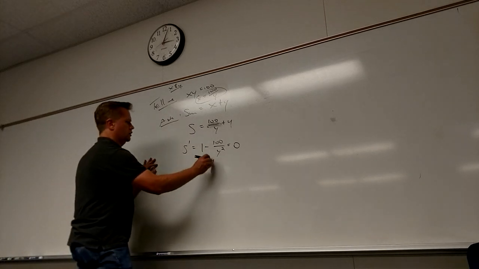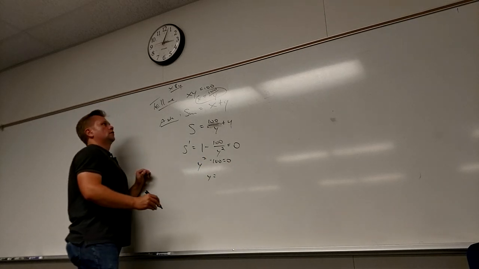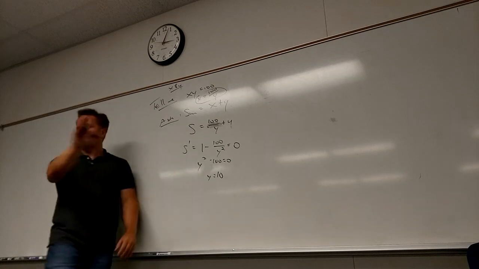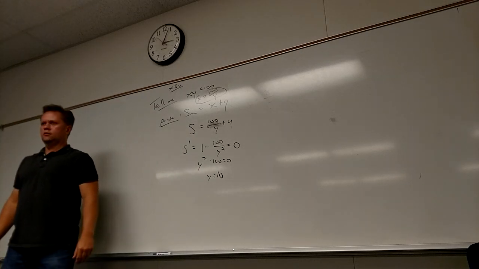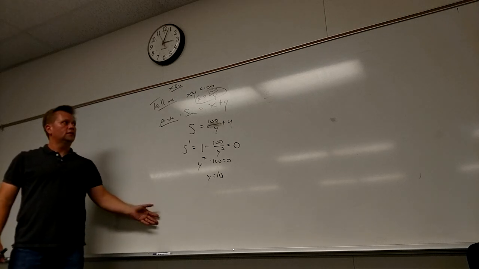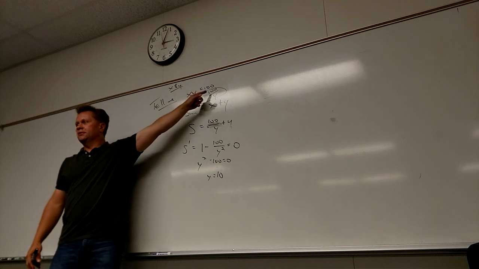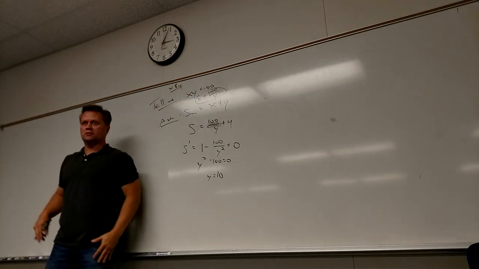So y squared minus 100, which works out nicely. So y equals plus or minus 10, and I eliminate the negative 10 option because they said positive numbers. So y is 10, and therefore x is also 10, which is related to a square, the answer to the basic questions.